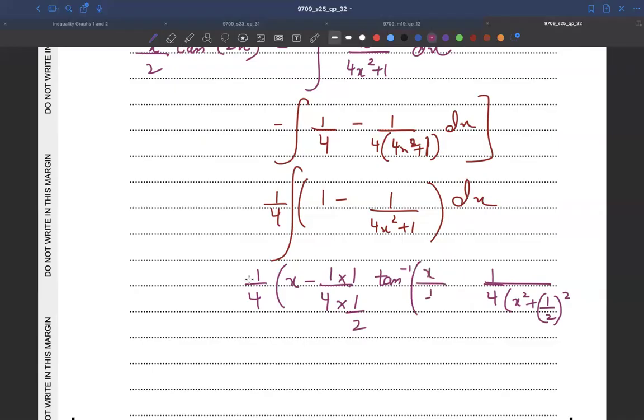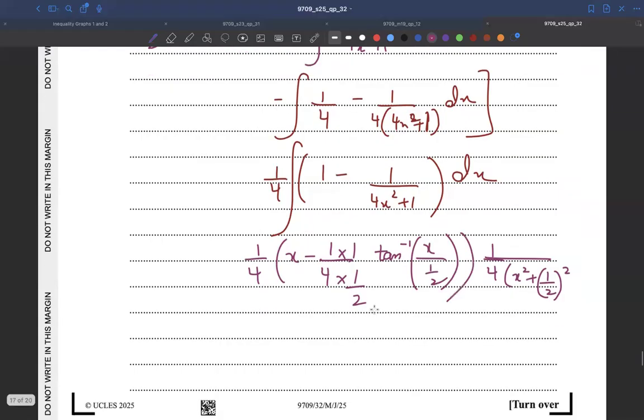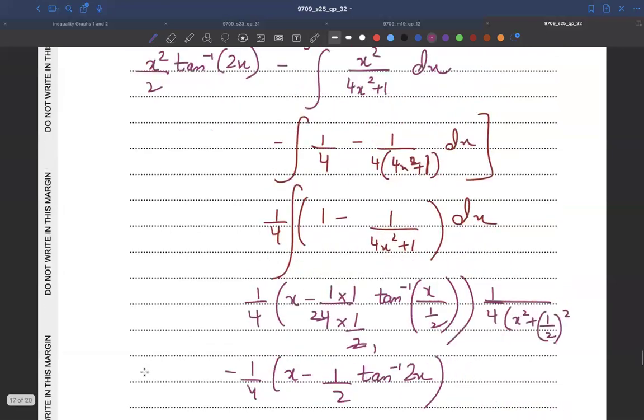We'll simplify it now. So this will cancel out with the 4. We'll get 1 upon 4 into x minus 1 upon 2 tan inverse of 2x. So this is the final integration, and this term before remains as it is, that is x square upon 2 tan inverse of 2x.